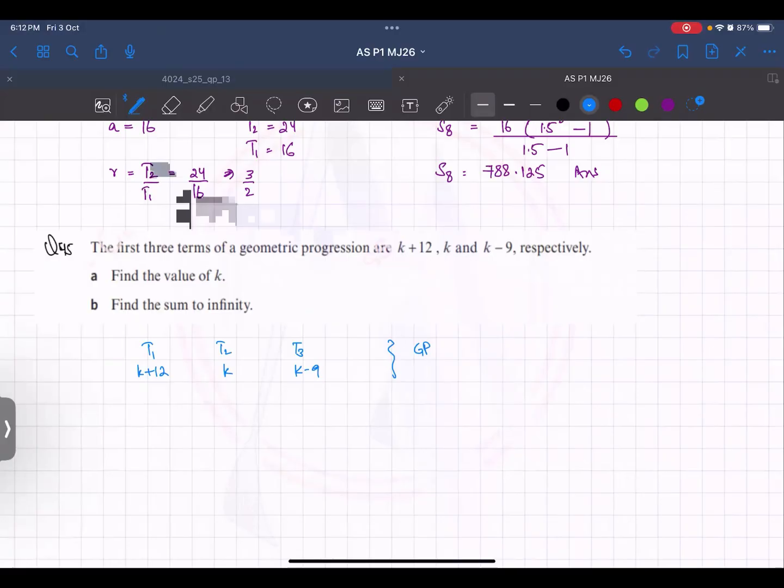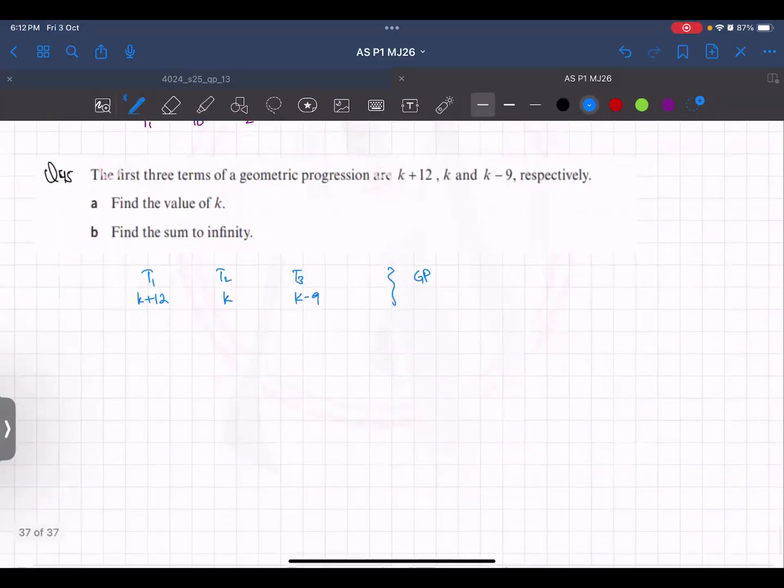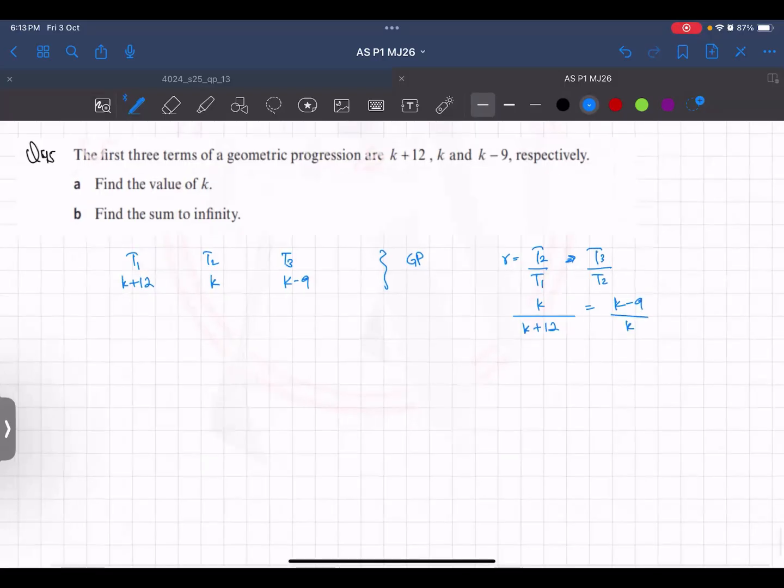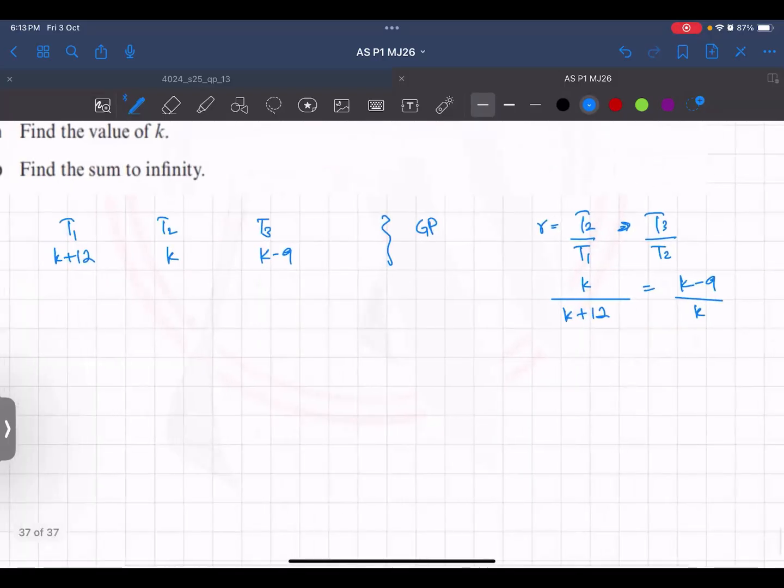Now we know when it is a GP, then r is constant. We have the common ratio, which equals T2 upon T1, and is also equal to T3 upon T2. So if you replace the things over here, T2 upon T1 equals T3 upon T2. Now you have formed the equation. Cross multiply: k squared is equal to (k minus 9) into (k plus 12).